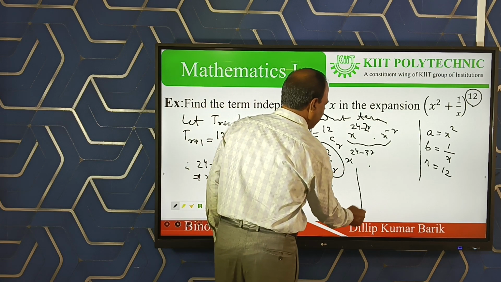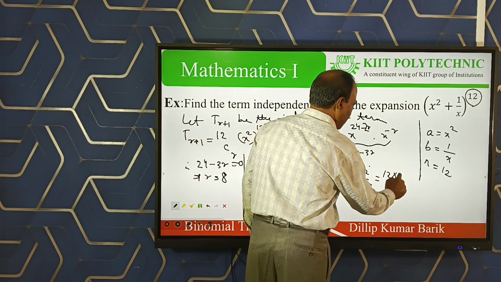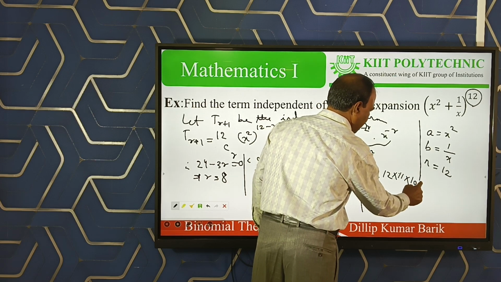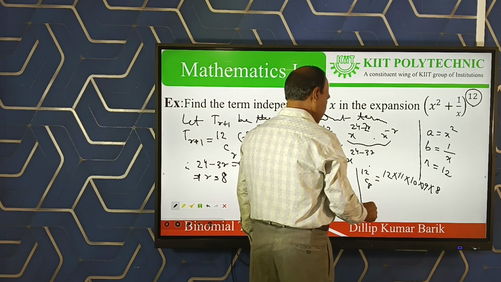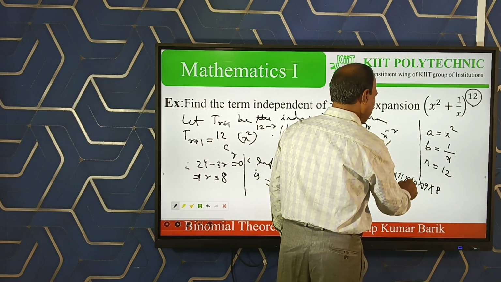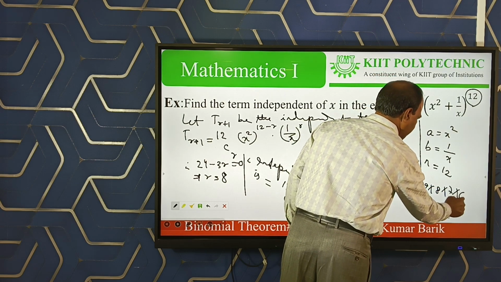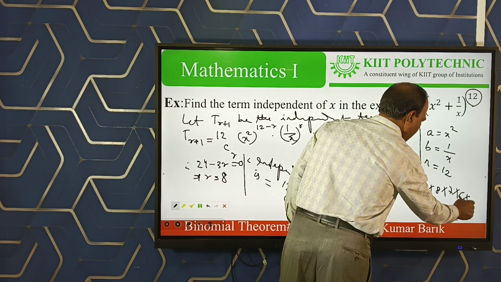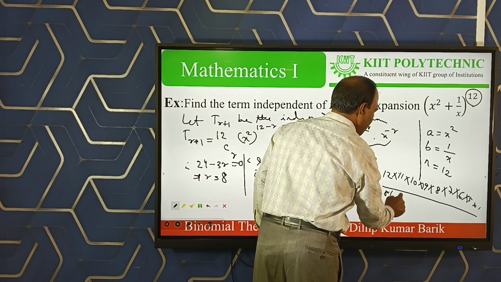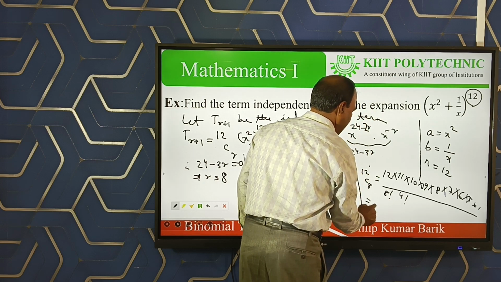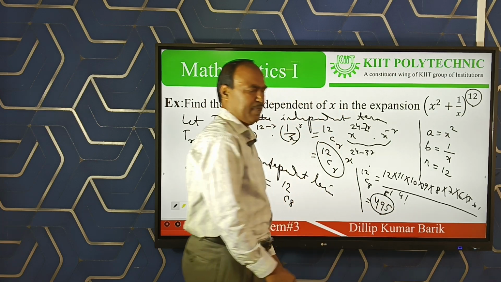You can simplify 12C8 using the combination format: 12 into 11 into 10 into 9 into 8 into 7 into 6 into 5 up to 1, that is 12 factorial by 8 factorial into 12 minus 8 factorial, and after simplification we will check here, it will be 495.